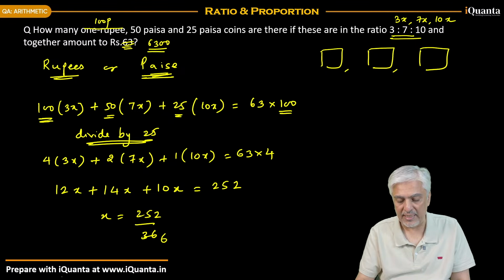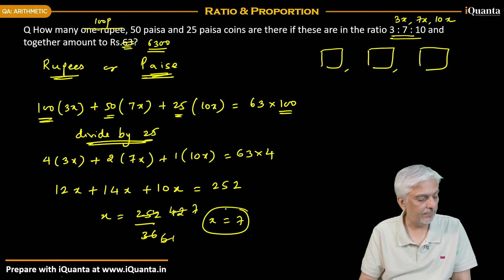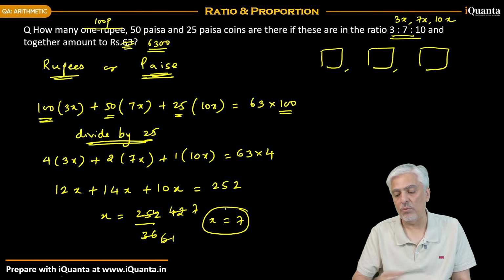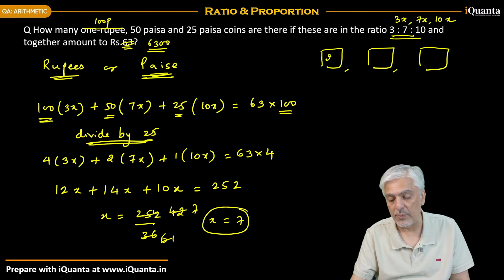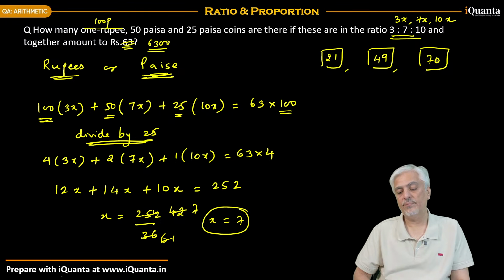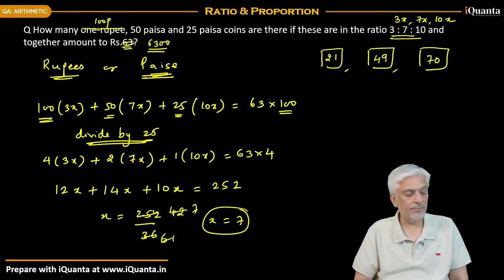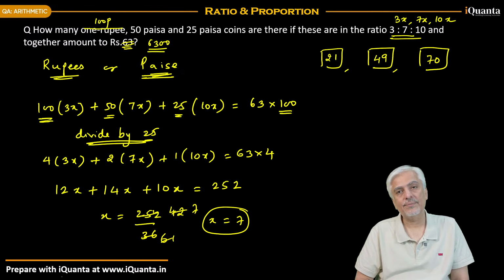That will be 6 4s are 24, 6 2s are 12, 6 7s are 42. So x is 7. Once I got x as 7, what will I get? 3 7s are 21, 7 7s are 49 and 10 7s are 70. Right? Everybody got this?